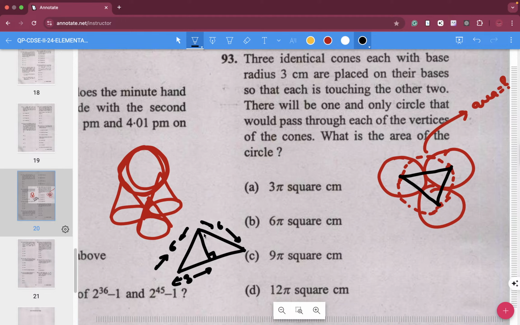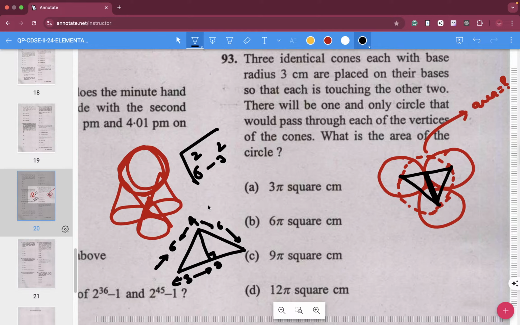Now AD over here is the square root of 6 squared minus 3 squared.